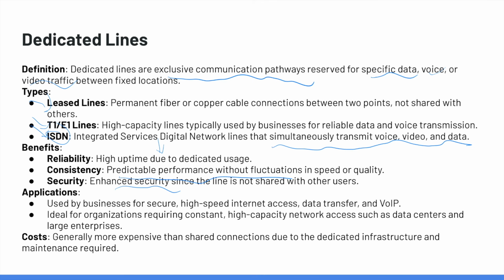These are usually used for businesses for secure, high-speed internet access, data transfer, and VoIP. And I'd probably say things like data centers are another main use case for dedicated lines. These do tend to be more expensive than shared connections because all the infrastructure is literally dedicated to just your organization.